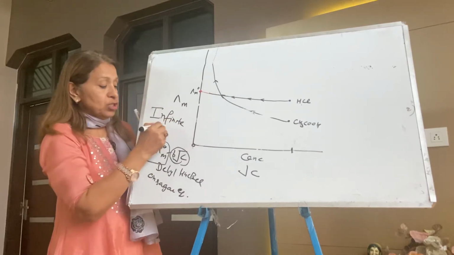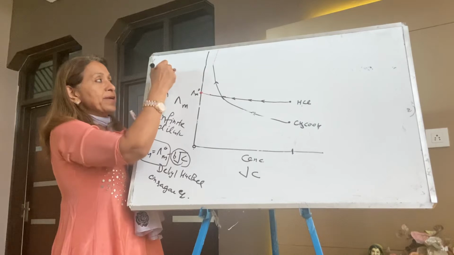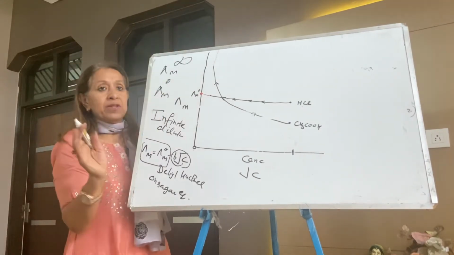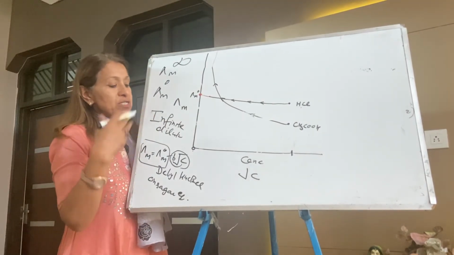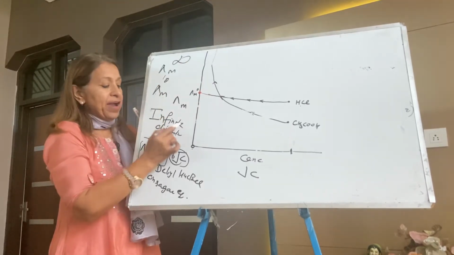You may write lambda m naught or lambda m infinity. Remember this. In my next lecture I will use these terms, lambda m naught or infinity, same, infinite dilution.